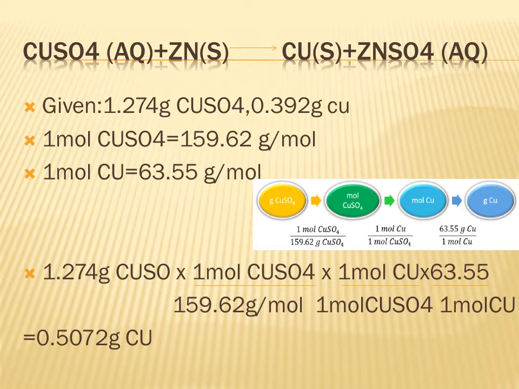As in the picture here, there is the law that we must follow in order to get the theoretical yield, because the theoretical yield, as I said before, is found mathematically, so it is not given in the problem.